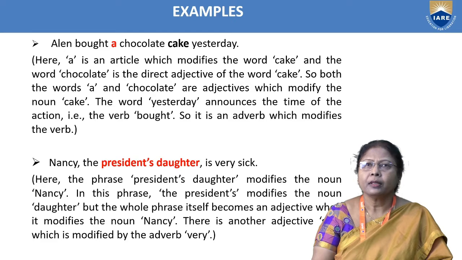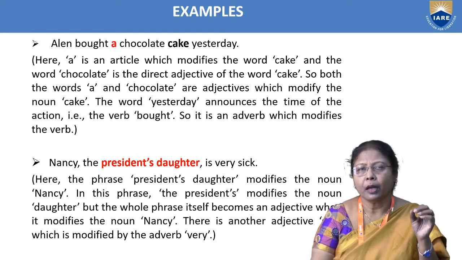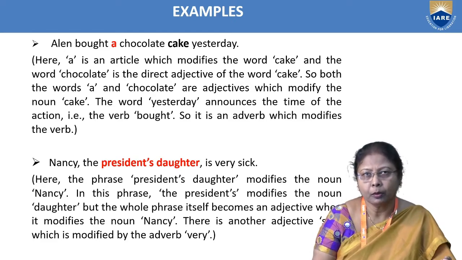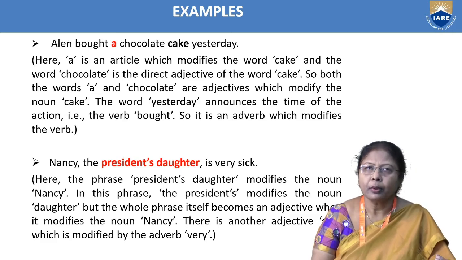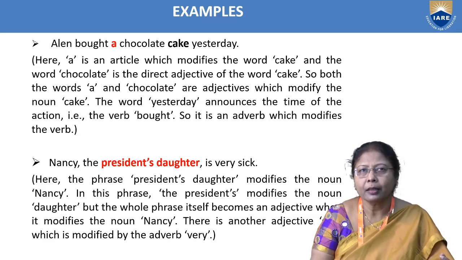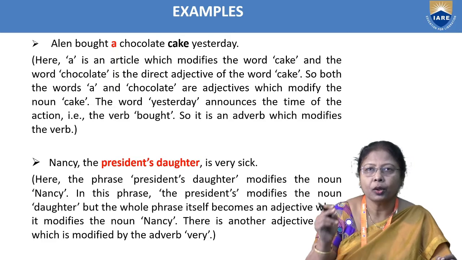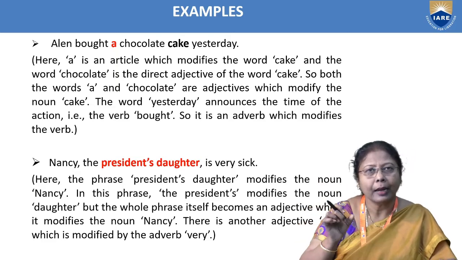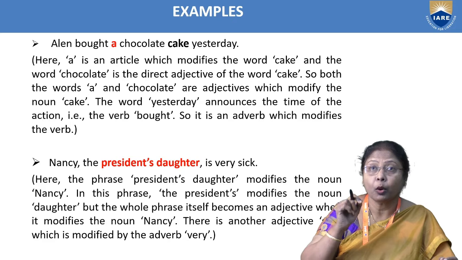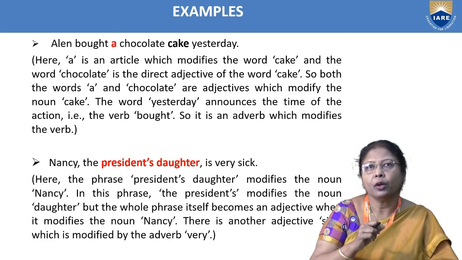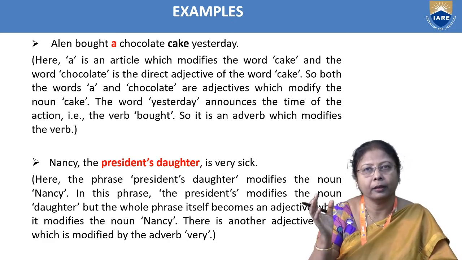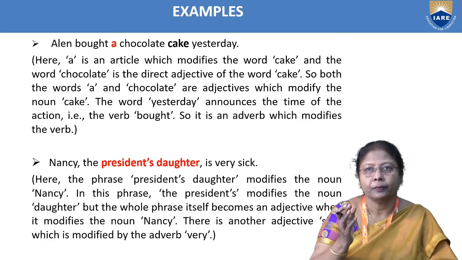With an example, I want to explain to you about modifiers. As an example, I have given one sentence: Alan brought a chocolate cake yesterday. Here, "a" is an article in this sentence, but it modifies the word cake. A cake, any cake.